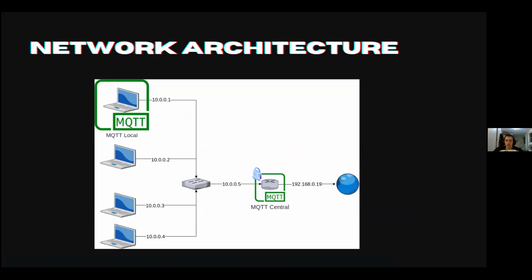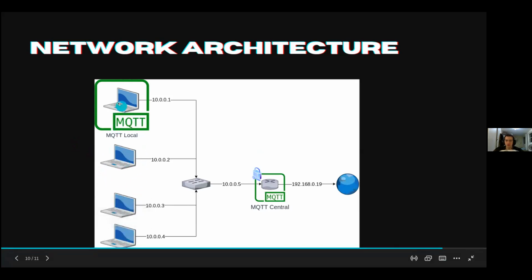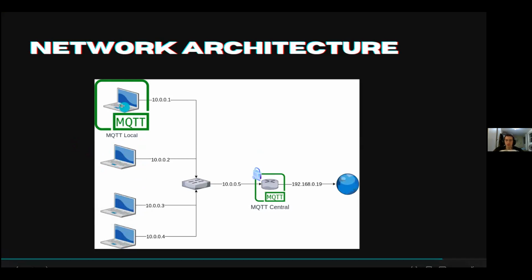For the network architecture, we used a default example of Mininet with some modifications. In this example, it's an example of NAT. What we have here are hosts, described as computers, that would simulate what would be a drone.